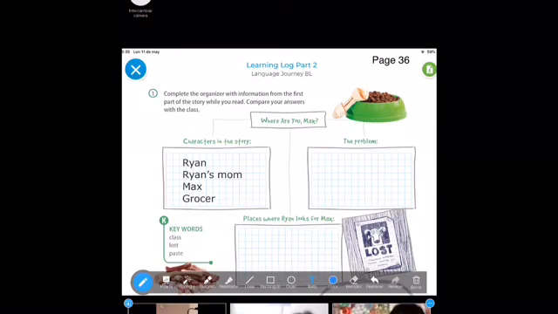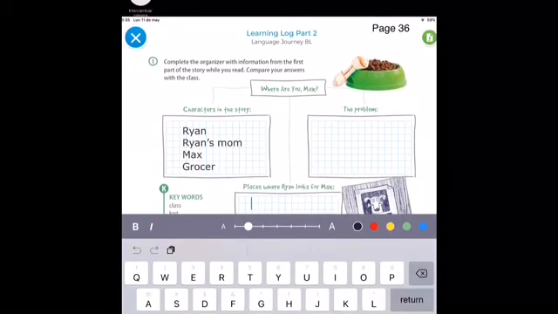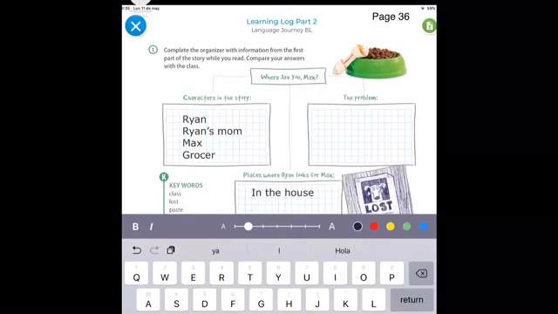So let's write it down, okay? You have to copy that, guys. In the house. Your microphones, guys, thank you. And outside from home.